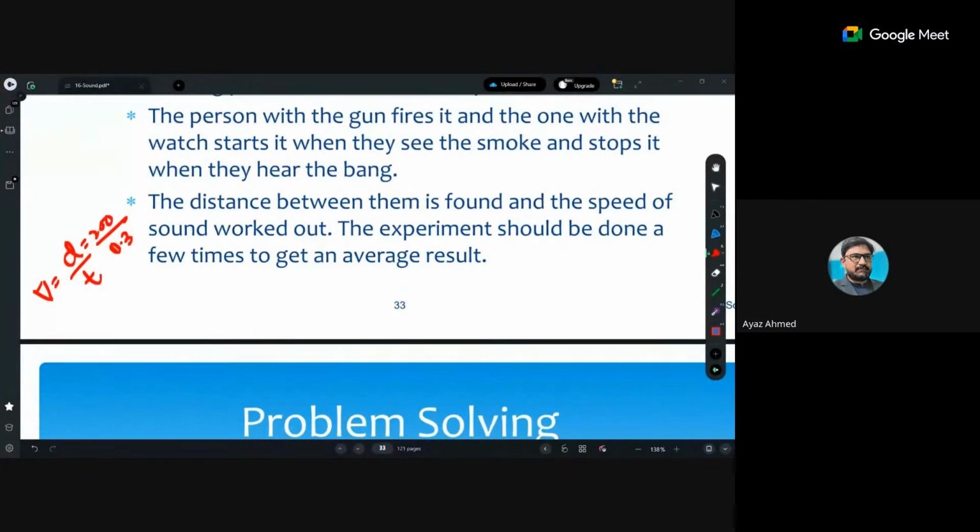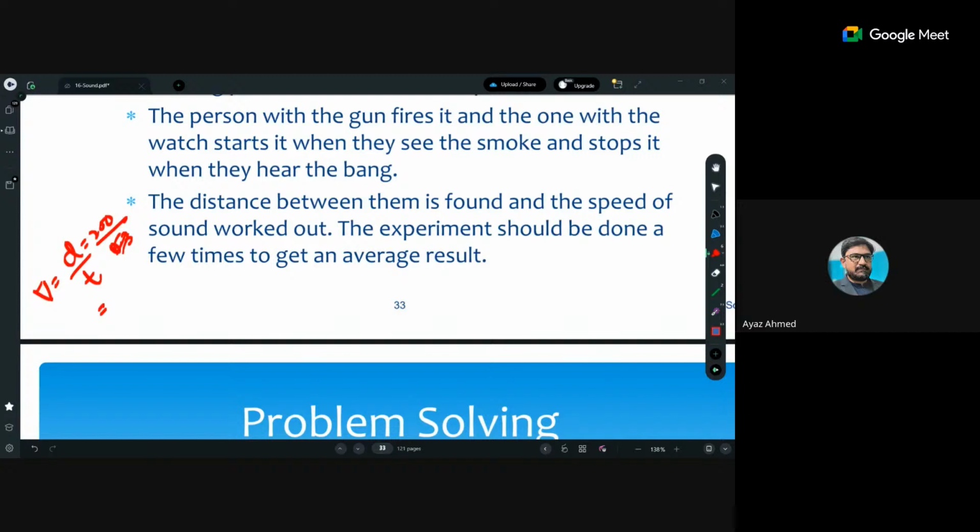If it is 0.3, what would be the answer? Can you please calculate? 200 divided by 0.3 is going to be 666.6. Okay, whatever the time is.